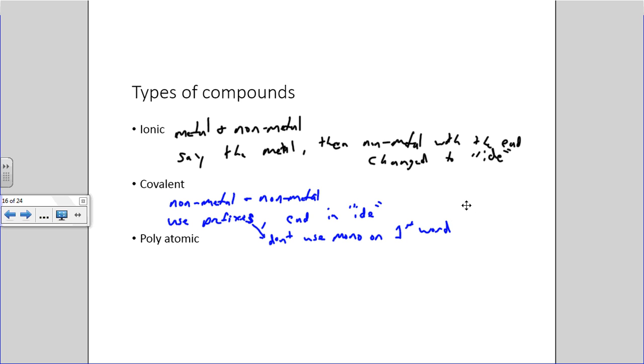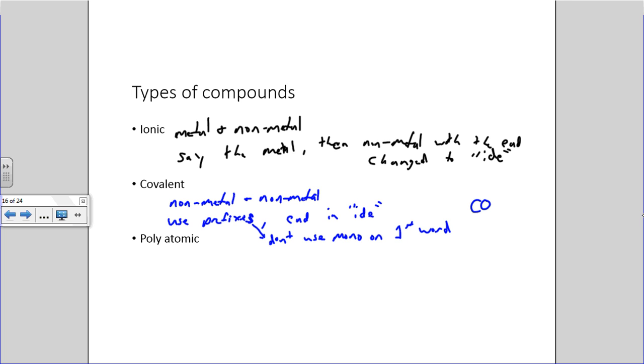So what I mean by that is like CO, that's not monocarbon monoxide. It's just carbon. And then the second one, you use monoxide. You don't have to use mono on the first one. So it's just carbon monoxide. Okay?